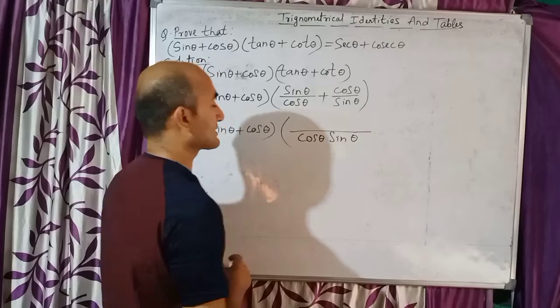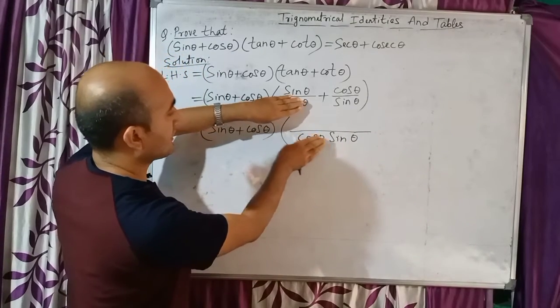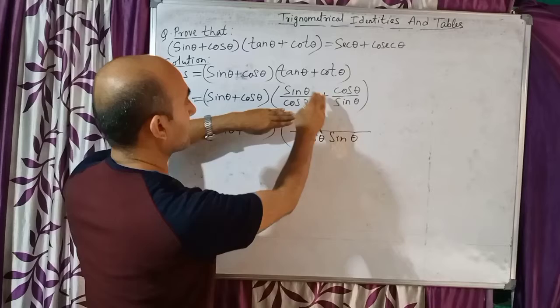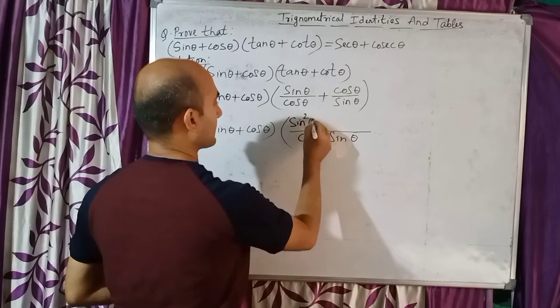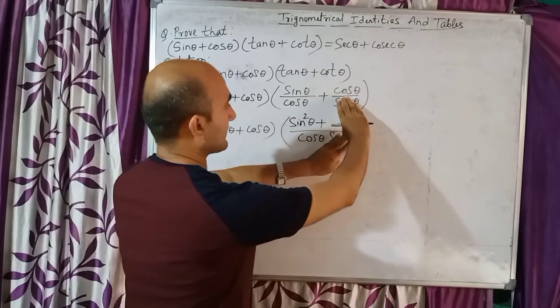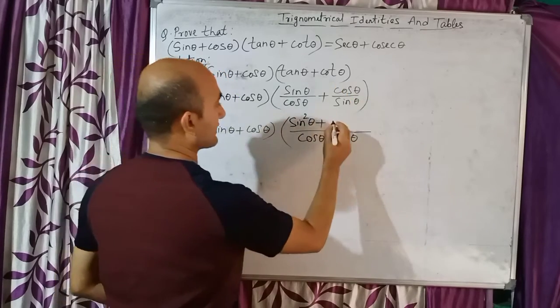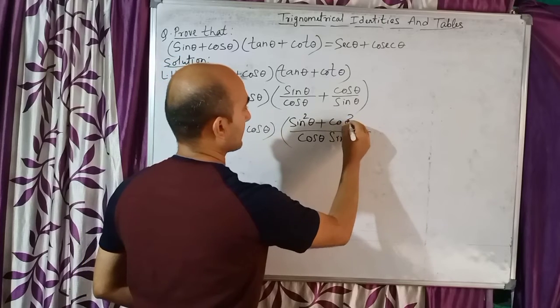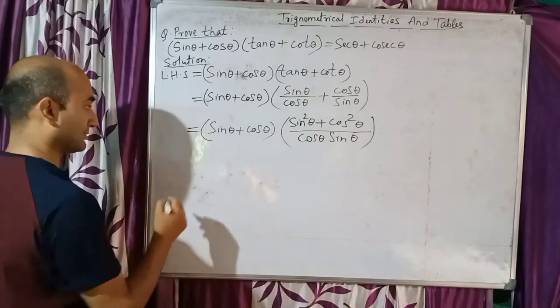When I cover cos theta, sin theta will remain and it will multiply with sin theta, and my result will be sin square theta plus, now next cover sin theta, then cos theta will remain and multiply with cos theta, and my result will be cos square theta.